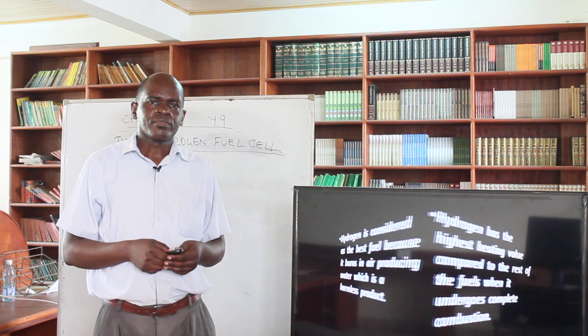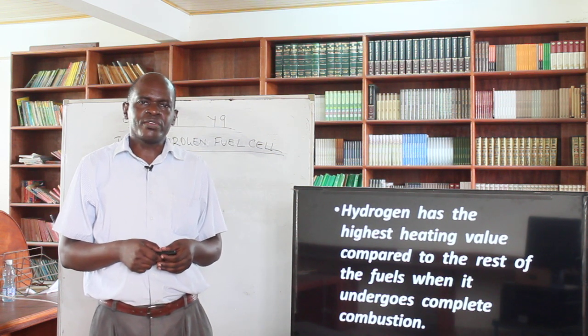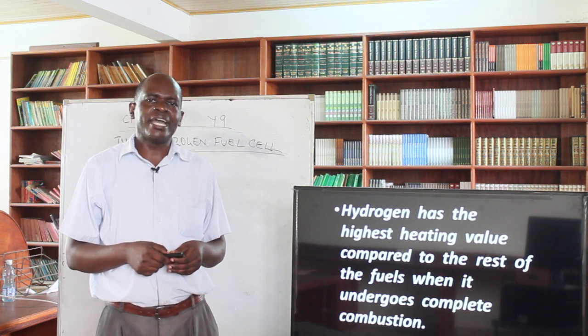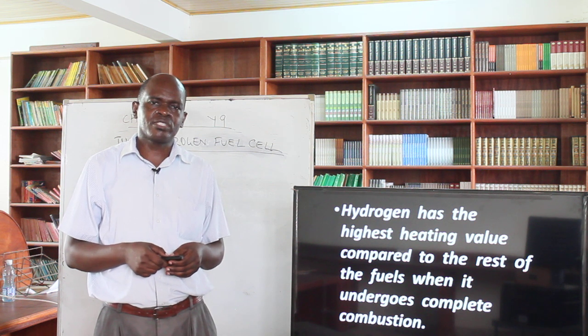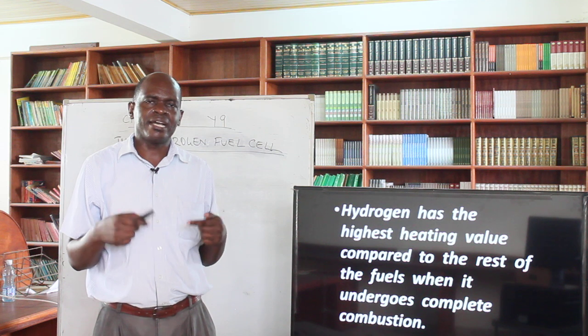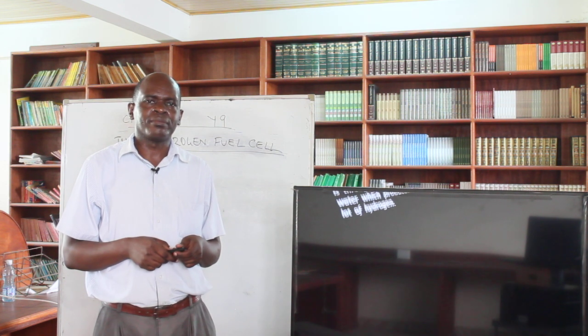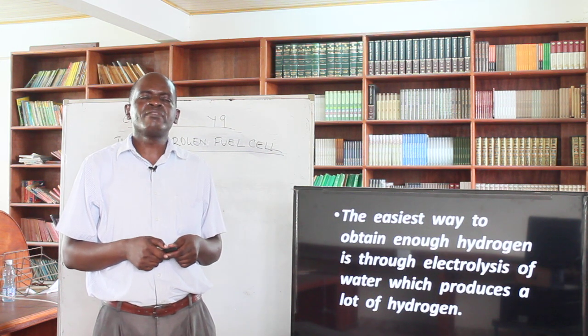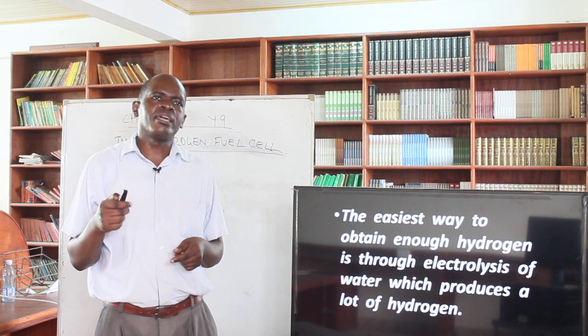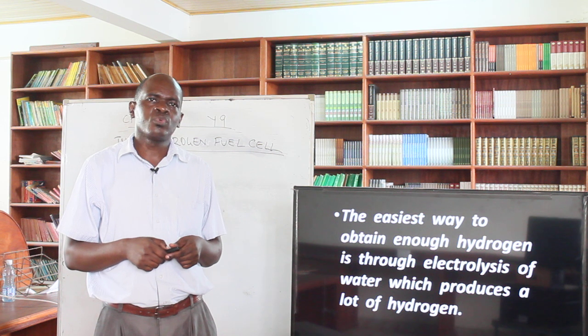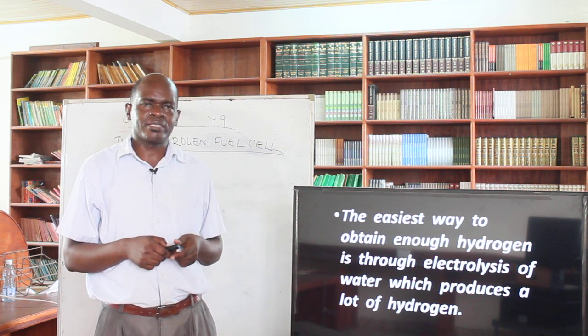environment. Now, the hydrogen cell also has the highest heating value compared to the rest of the fuels when it undergoes complete combustion. That means it has a very high amount of energy. We are talking about heating value. What does it mean? Now, the heating value is actually the amount of energy given out when 1 gram of a fuel is burned.